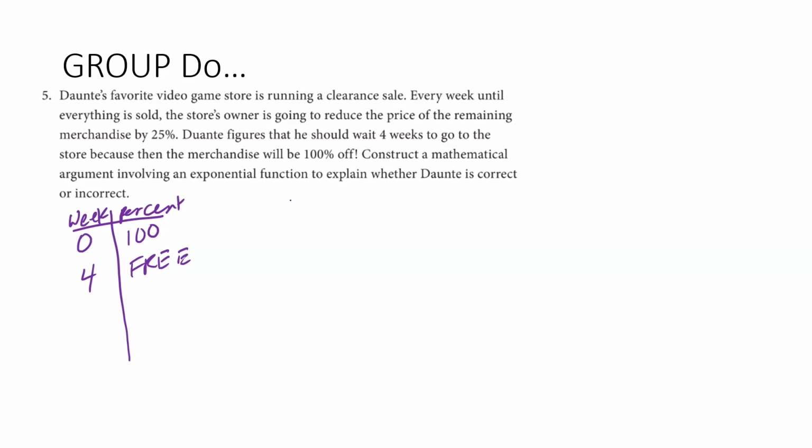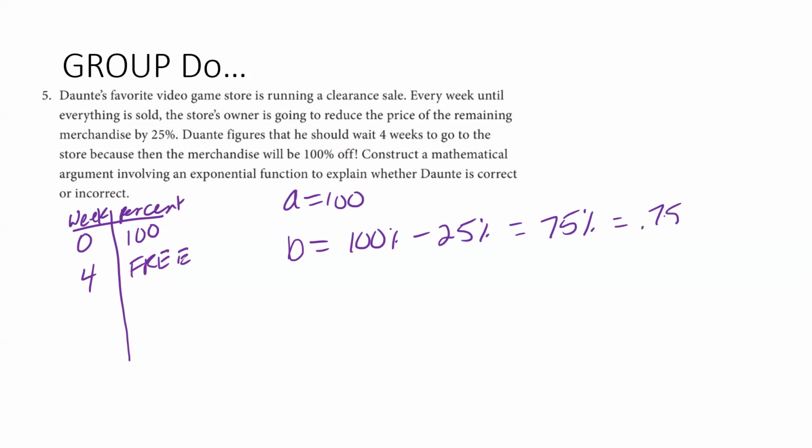So that means that we have an A, and our A equals 100. Until we have our sale, you're paying the full price. Then B is 100% minus our percent change, which is 25%. So therefore, we're at 75% as our decay factor, which equals 0.75.